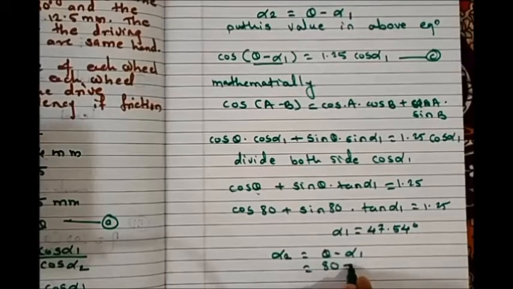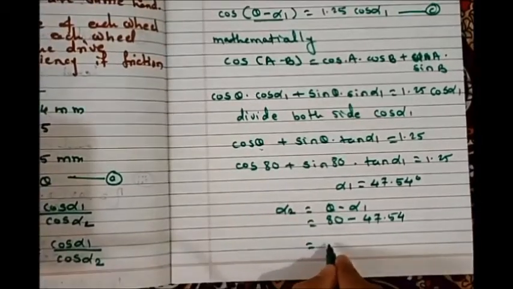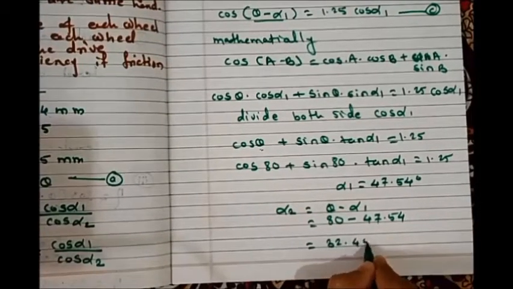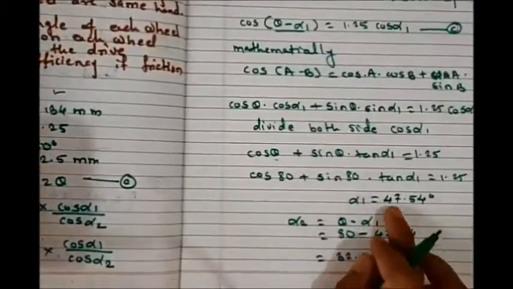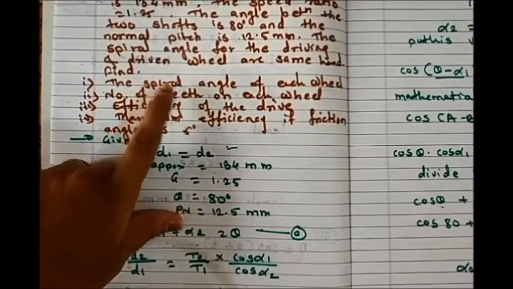So theta is 80 minus alpha 1, which is 47.54, so alpha 2 is equal to 32.45 degrees. In this way we get alpha 1 and alpha 2. So the first question is completed. They ask for the spiral angle.